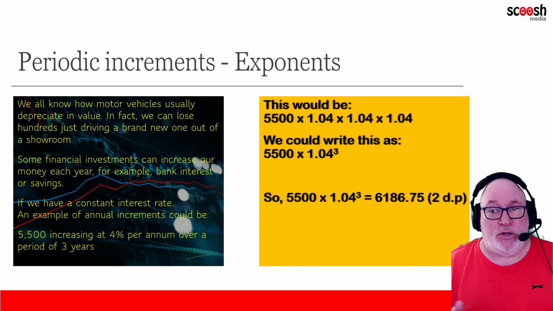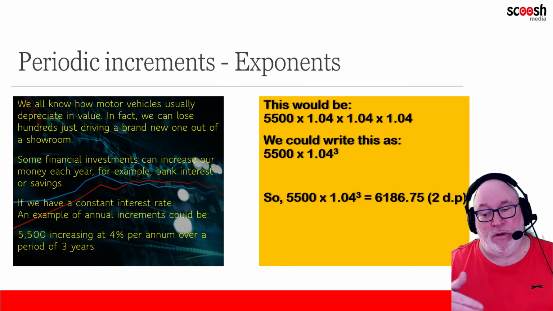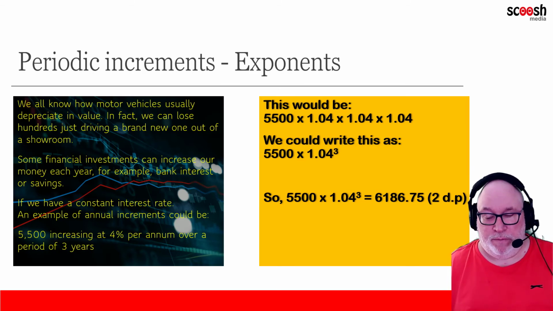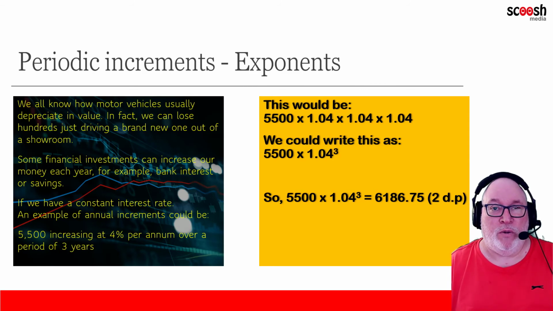So anyway, the answer to that one would be that as well, and I've done it to 2 decimal places for you as well. Okay, so that was 4%, 3 times, so it's 1.04 for the percentage plus the original amount, and worked out times 1.04 3 times. So that's to the power of 3.